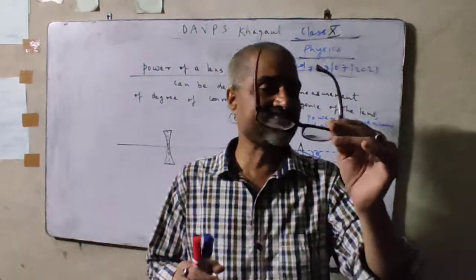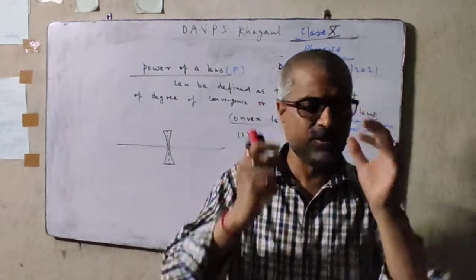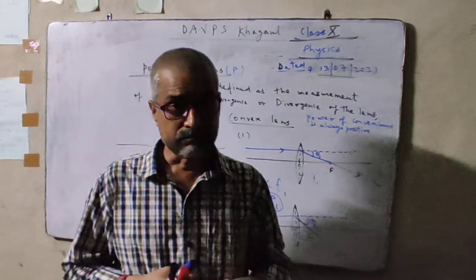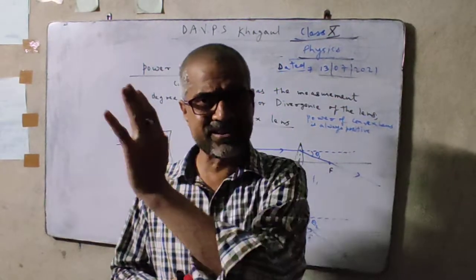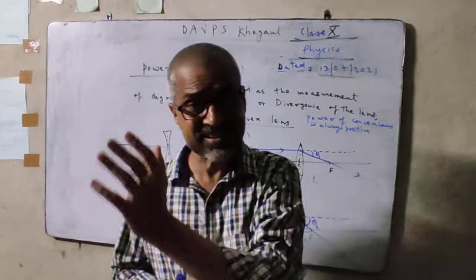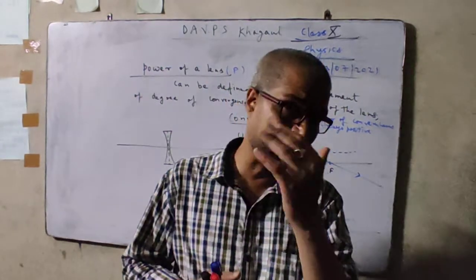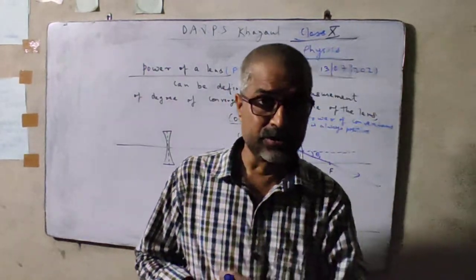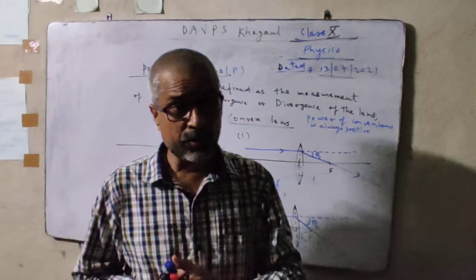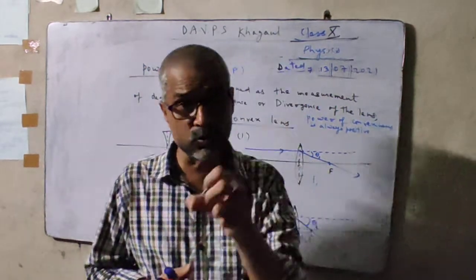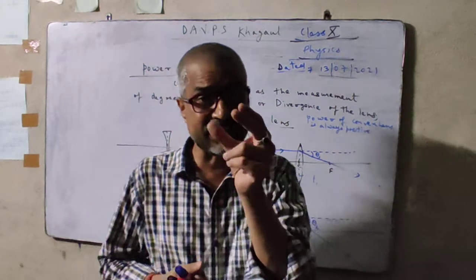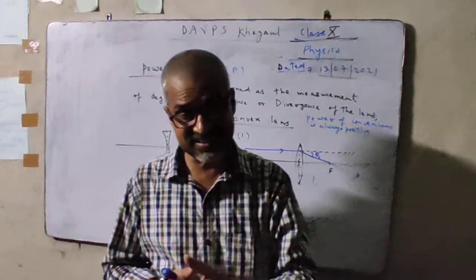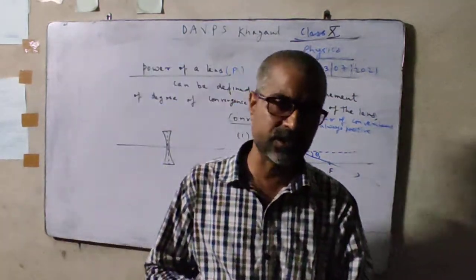A convex lens has the property to converge light rays, but different convex lenses could converge the light rays parallel to the principal axis more or less. Which convex lens converges more and which converges less depends on its power.